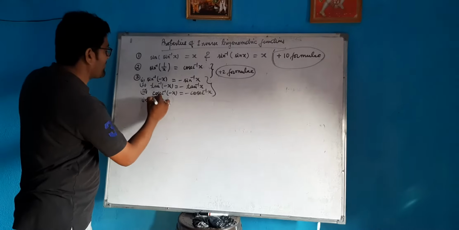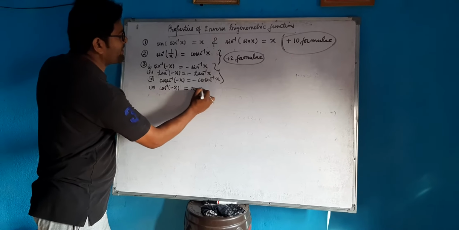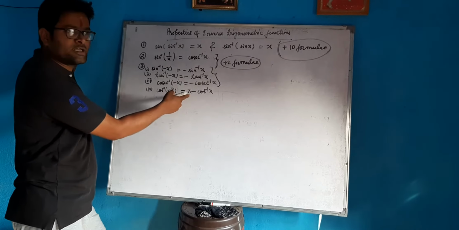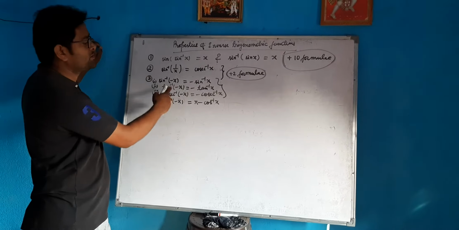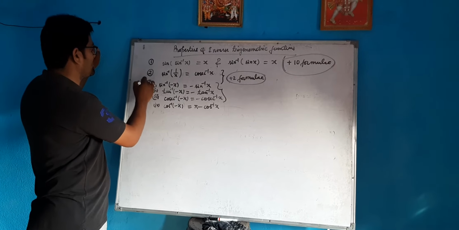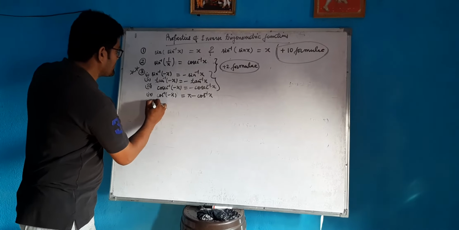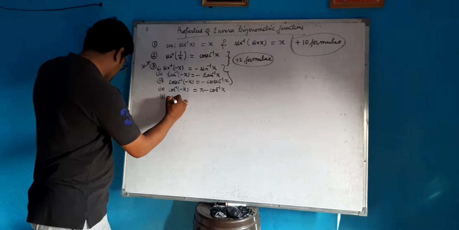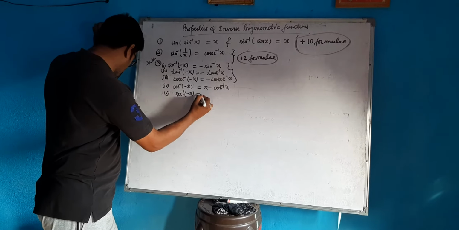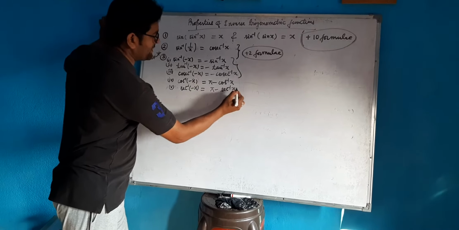That is, if I am writing cos inverse of minus x, it will be pi minus cos inverse x. These are very crucial formulae. They will create tremendous problems for you in some questions. So keep this formula in your mind. I am making a streak there so that you can understand the importance of this formula. In the same way, if we have sec inverse of minus x, it will give you pi minus sec inverse x.